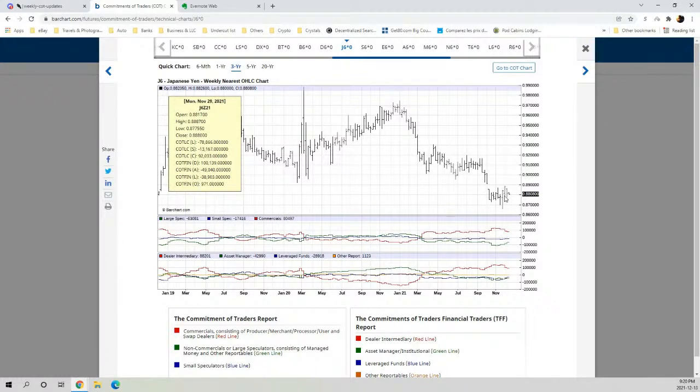If you look at the COT LCC section, you're going to see a big move in the yen. It went from 92,033 to 80,497.